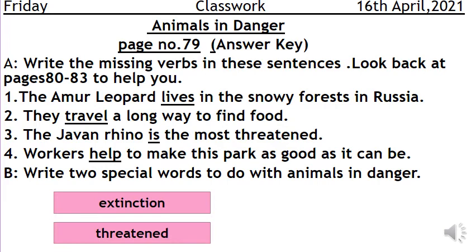Workers help to make this park as good as it can be. So did you notice that all the verbs are in present tense? Come to B. Write 2 special words to do with animals in danger. So the 2 special words are extinction, threatened. So you can use these 2 words for the animals that are in danger. So I think you have done all of it.